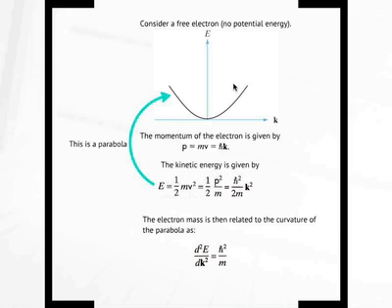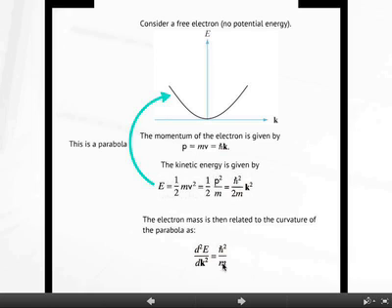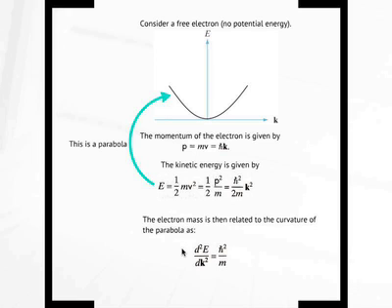But if it's not a parabola, and most band diagrams are not always parabolas, you can see that this m is now dependent on energy, which is not that counterintuitive. We'll look at this closely in a second. But think about that a second. Which way the electron is moving determines how massive it is. A little bit strange if you think about it. So the electron mass can change depending upon its energy and its direction of travel.